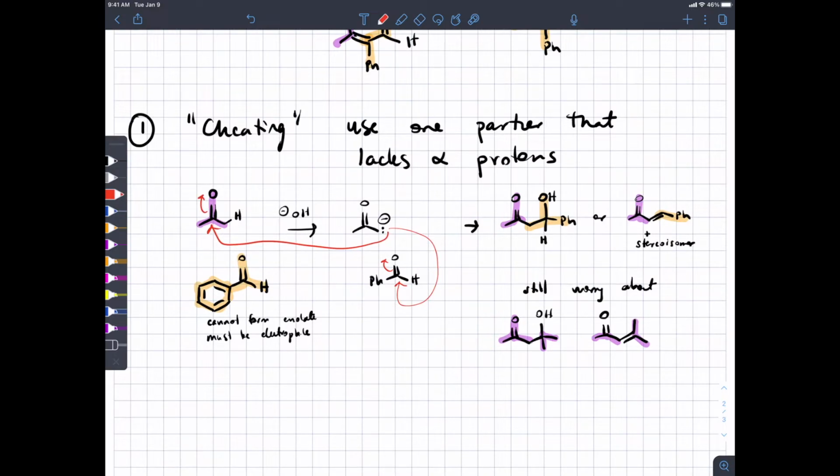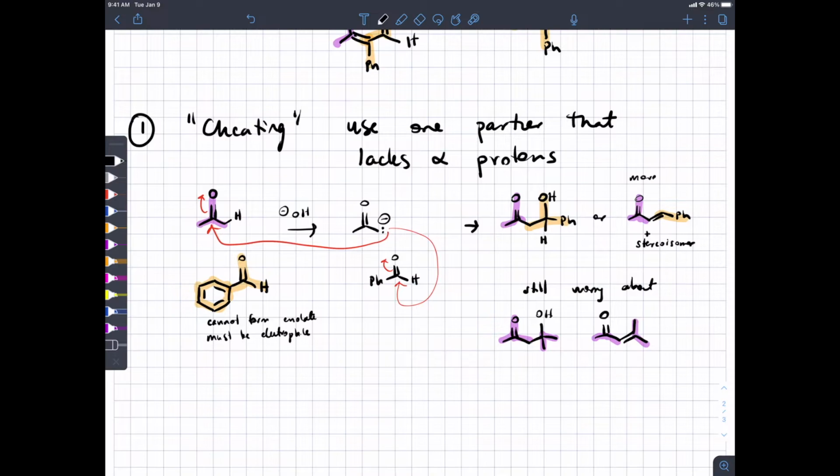Okay, so that lowers the number of possibilities you have. And as long as your cross-aldol product had a chance of being more stable than your self-aldol product, you could probably get this to work.